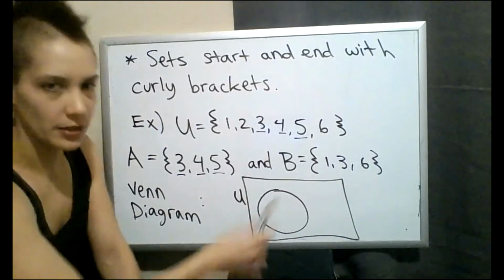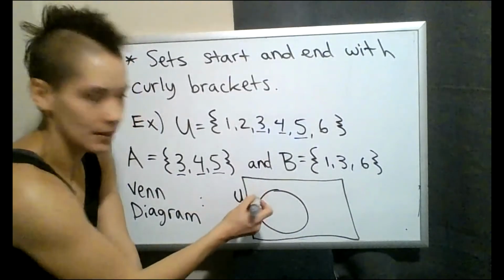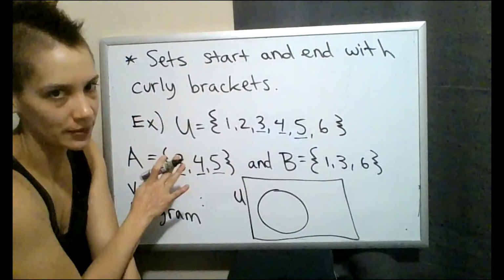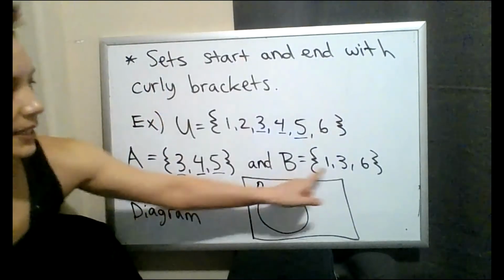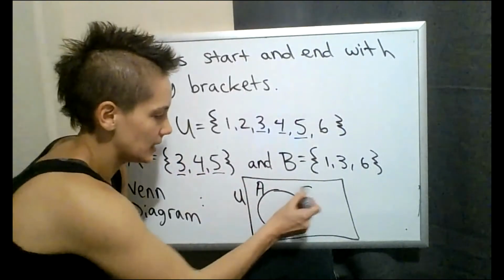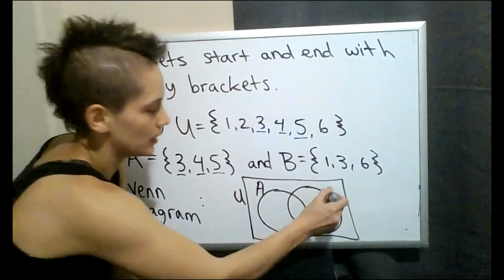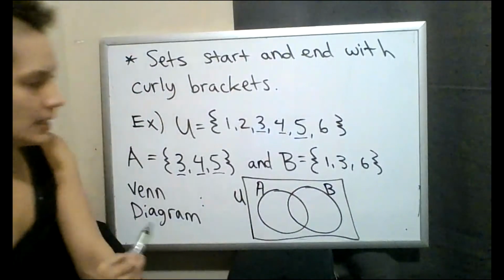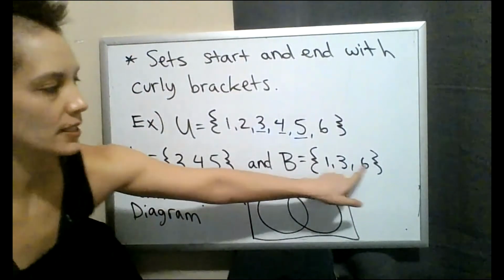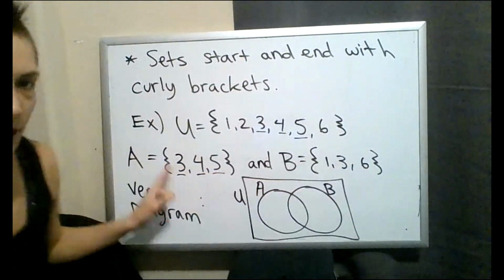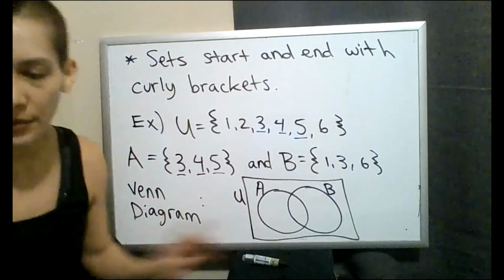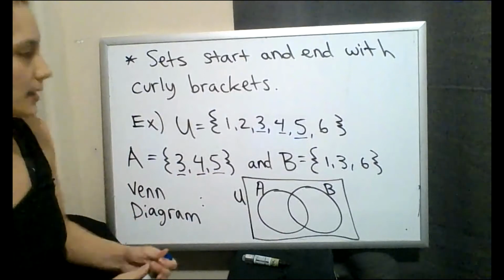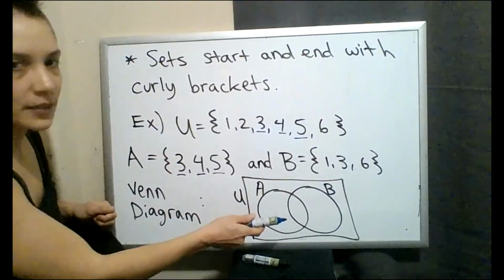But also, I won't ever try to trick you. If I say it's a subset, it will be a subset. You don't have to stop and check. B is this set inside of U. It contains 1, 3, 6. A contains 3, 4, 5. So I want to spot common elements when I fill in the rest of the picture.